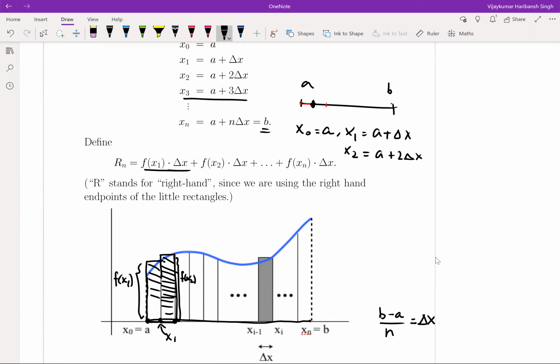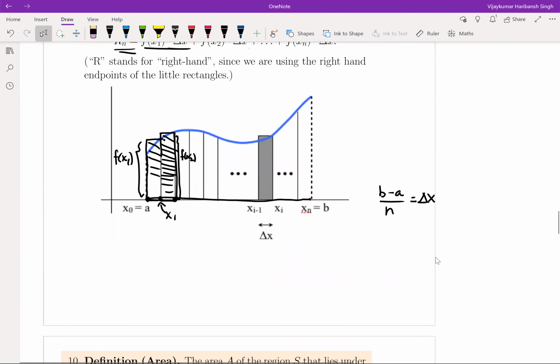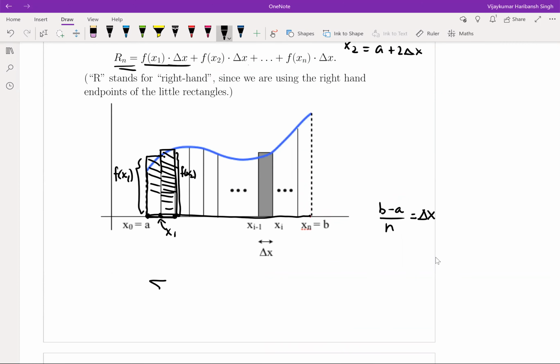So you get f of x1 times delta x, f of x2 times delta x, and so on, up to f of xn delta x. This is your Rn. If you want to write it in summation form, we can write it as the summation for i going from 1 to n of f of xi delta x, and this is your Rn.